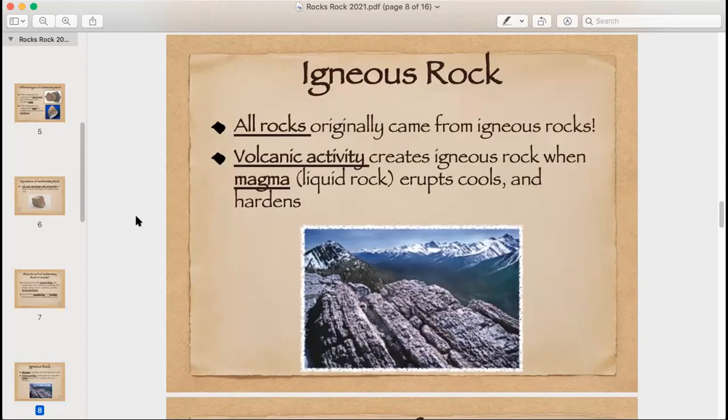Igneous rock, and you'll see in the Bill Nye video I'm going to share, igneous shares a similar root to the word ignite, like fire. This is sort of the origins of all rock, really, if you think about it, because igneous is cooled magma or cooled lava. All right, once it cools, it goes from molten rock into what we call igneous rock. And there's lots of different variations of it, depending on the circumstances of where it cools.